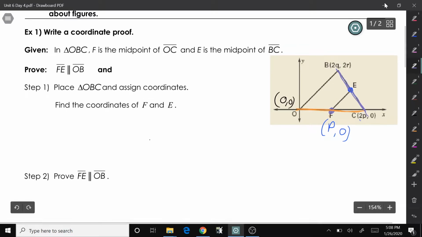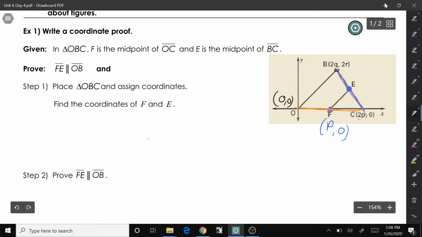Well, for these two lines to be parallel, they need to have the same slope. Well, first, let's find the coordinates of F and E. We already know F is P, 0. And now we're going to find the midpoint between these 2 points. Like, we're going to calculate it.